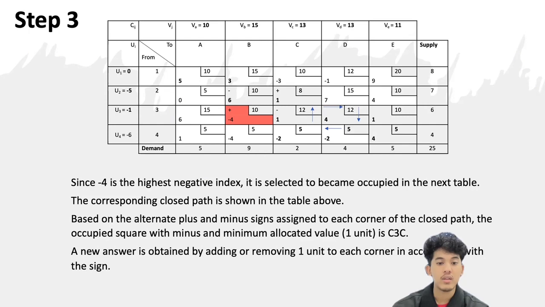Based on the alternate plus and minus signs assigned to each corner of the closed path, the occupied square with minus and minimum allocated value, 1 unit, is C3C. A new answer is obtained by adding or removing 1 unit to each corner in association with the sign.